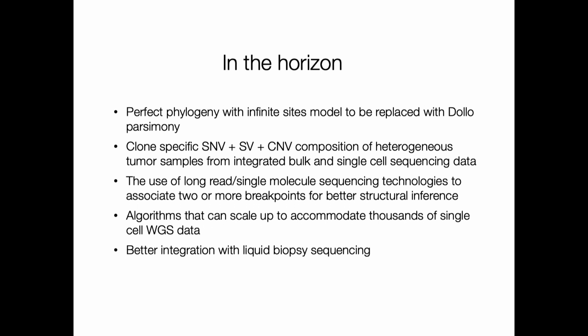And now our biggest challenge is truly scaling up so that we can build phylogenies for thousands of cells as more and more data become available. And finally, better integration with liquid biopsy sequencing, not as an afterthought, but within the formulation, is desperately needed.